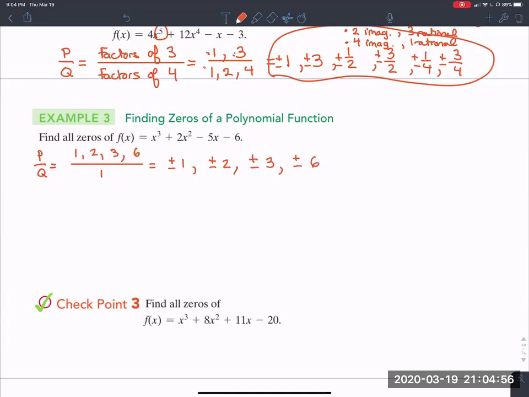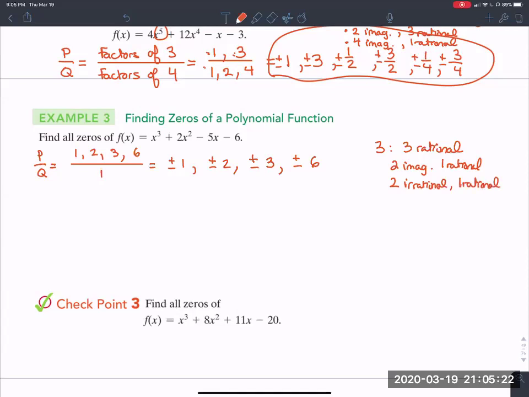So remember, it's a degree 3 polynomial. So I have a potentiality of 3 rational, or 2 imaginary and 1 rational, or 2 irrational and 1 rational.